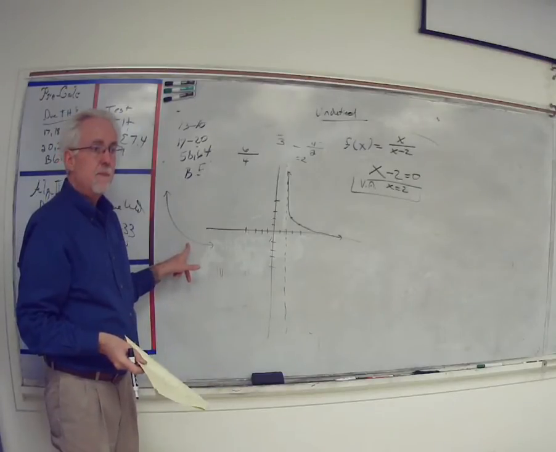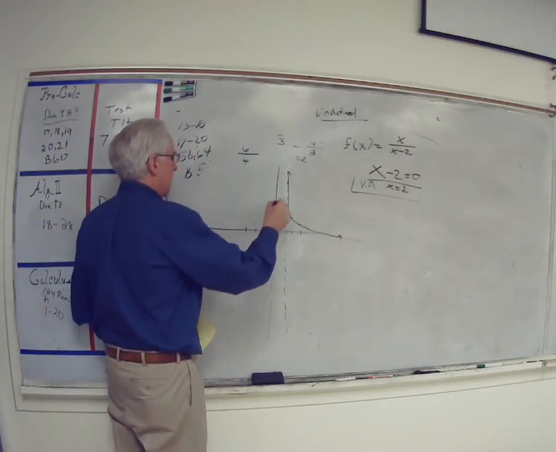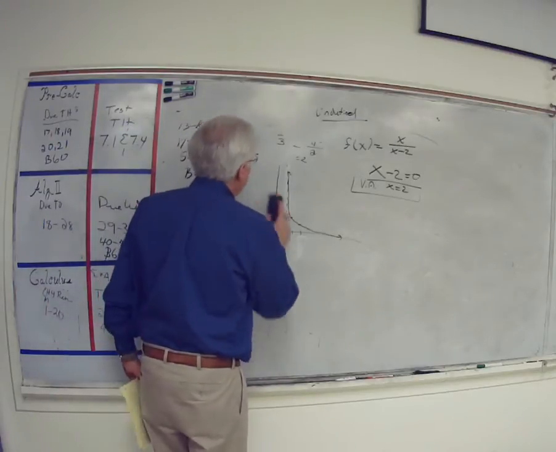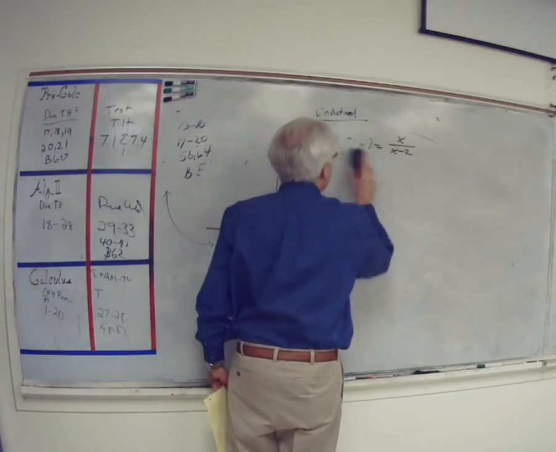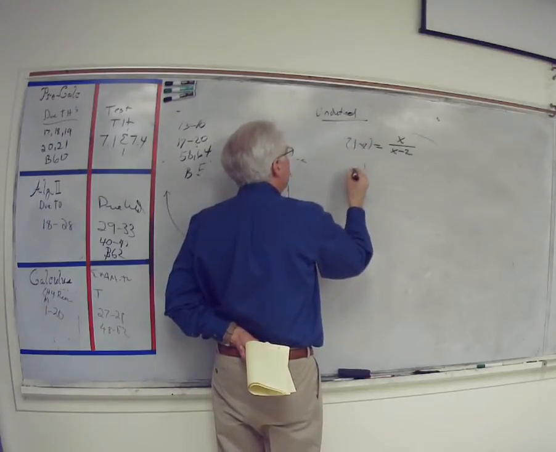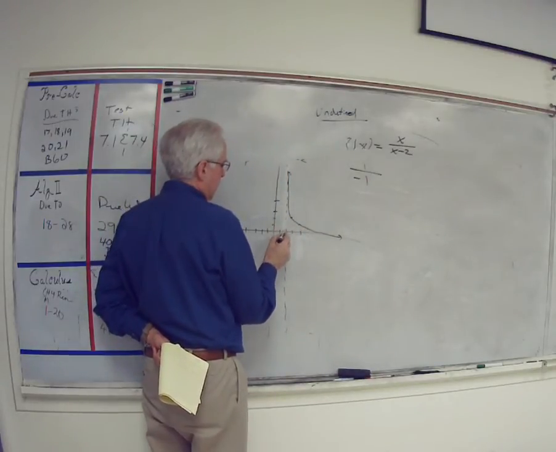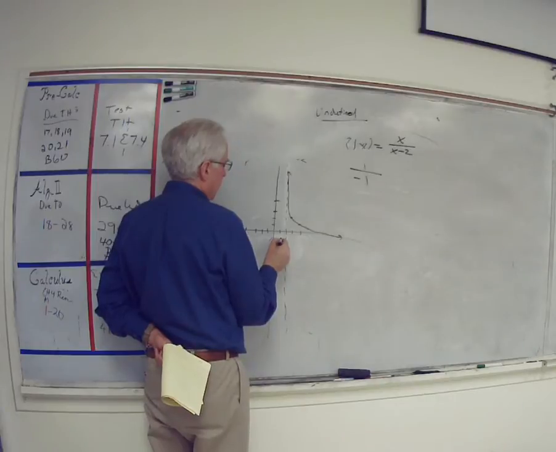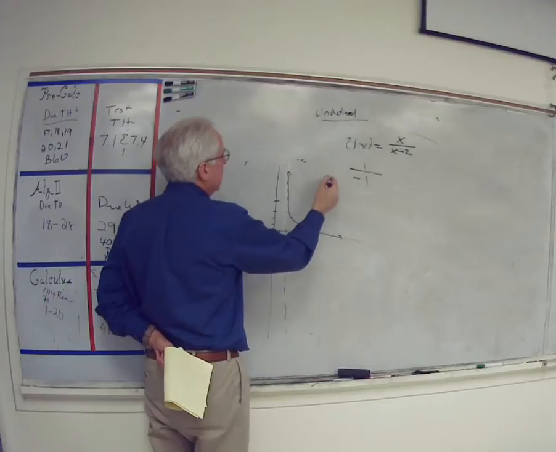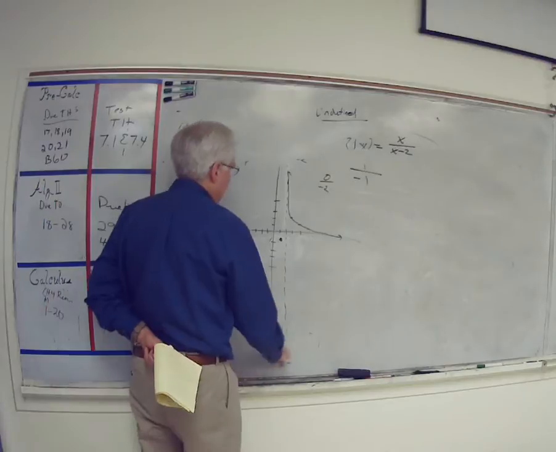Am I done? No. What do I have to look at? 1. Yeah, because it might go like this, or it might go like this. So let's look at the other side, which Logan suggested. Let's look at 1. Okay, so at 1, I'm 1 over minus 1. What am I? Minus 1. So at 1, I'm at minus 1. Okay, and then let's say if I'm at 0, I'm 0 over minus 2.